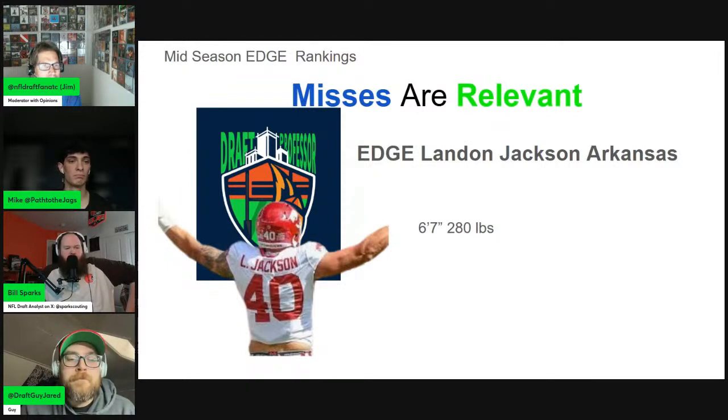Same things that you saw from Aiden Hutchinson at Michigan, the large size, the length profile, the bend, you see in Landon Jackson. I think his ceiling is probably starting around the playoff range, right around that 16, 17 spot, and I think his absolute floor would be 30, 31. I don't see any way he falls out of the first round unless there's a medical concern.